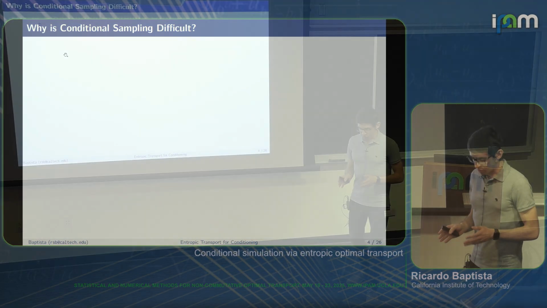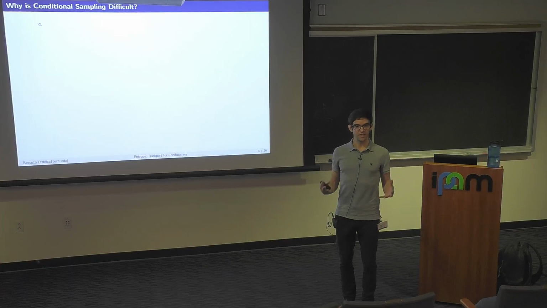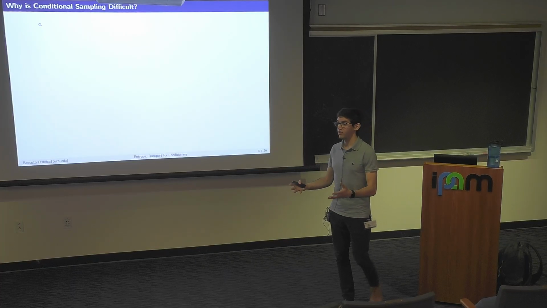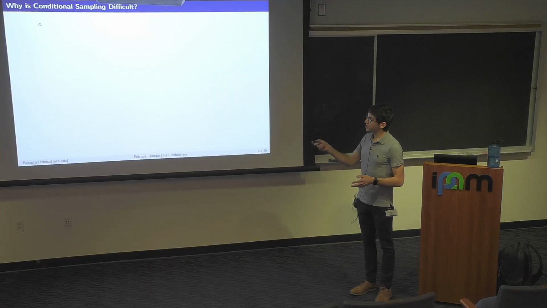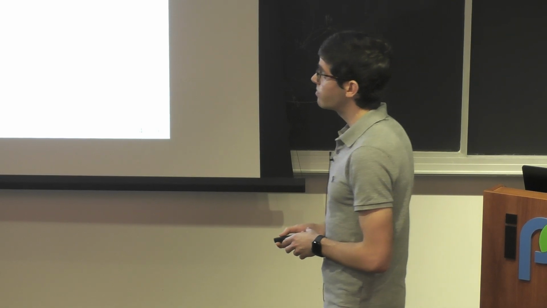Now, in both of these settings, whether it is sampling images given text or sampling parameters given observations, it's this problem of sampling some unknown conditioned on another random variable. And we might ask, why is this a hard problem?